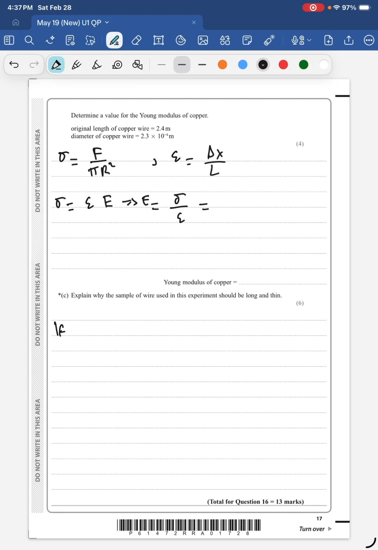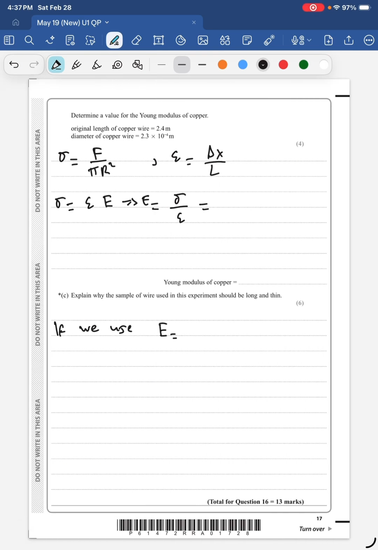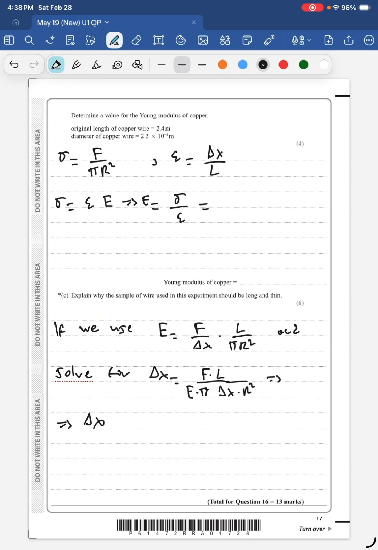So if we use the formula we just found, E is equal to F over delta x times L over pi r squared, and solve for delta x, and I discussed this in one of my videos, delta x is F times L over E, the Young's modulus, times pi, which is a constant, times r squared in the denominator.